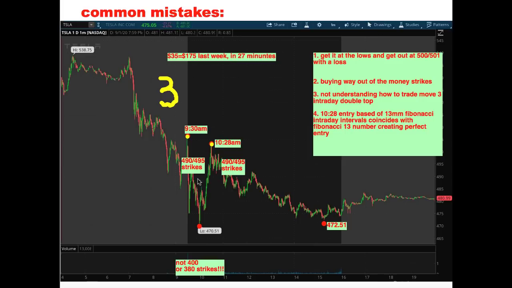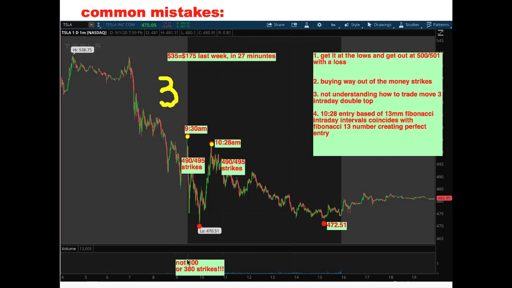And again, it doesn't look like it's a big drop from 500 to 400, but understand, they just did a stock split. So what you're really saying by buying a 400 strike put is a $100 move would equate to an actual $500 drop in Tesla like last week.